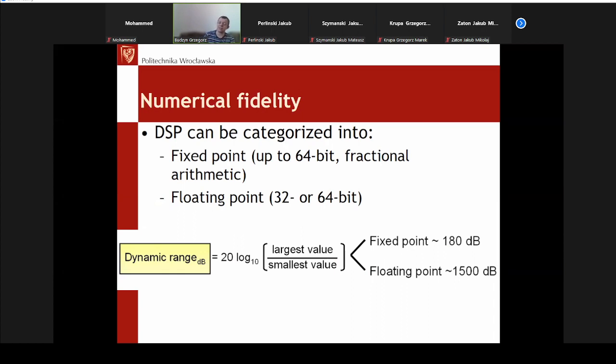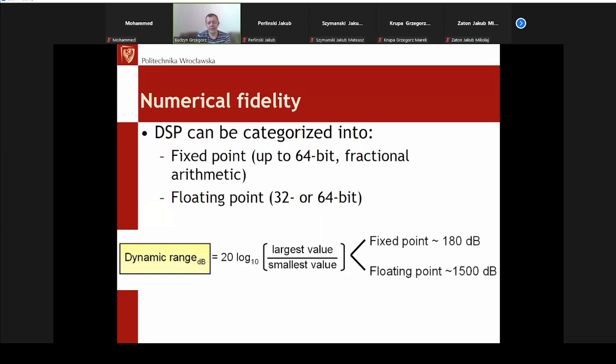So that's the difference. But why use floating point in signal processing, and how much more does floating point give us compared to fixed point? This dynamic range difference is usually noticeable in signal processing.